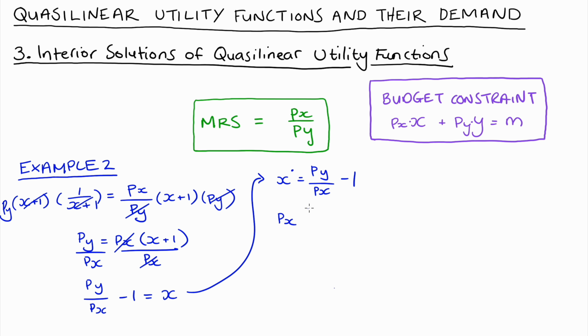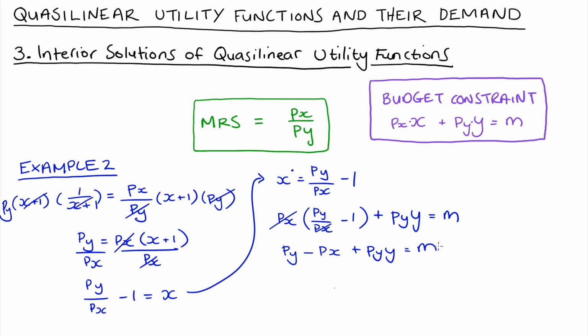We can substitute this x star back into our budget constraint and we get the price of x times x star, which is py over px minus 1, plus py times y, is equal to m. Let's open up the brackets here, and those px's cancel out. So we're left with py minus px plus py times y equal to m.